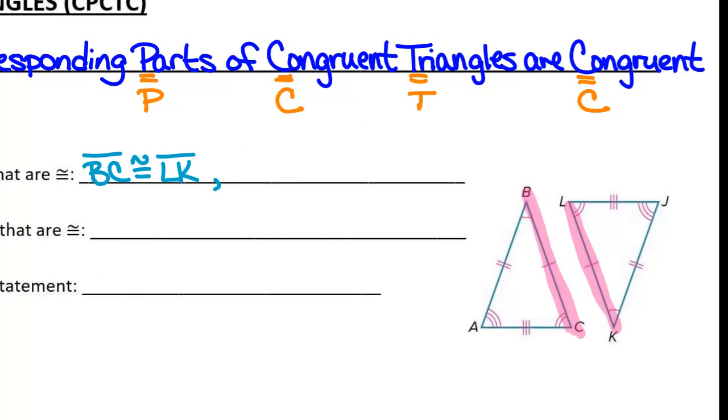All right, let's move on to another side. Let's do this side right here. We have 2 congruence marks on it, on triangle ABC. What's the corresponding side on my other triangle? JK, right here.